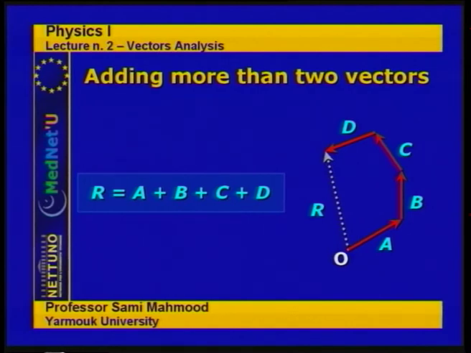So R equals A plus B plus C plus D. That way, graphically, we can add four vectors and determine the resultant vector. The length of the resultant represents the magnitude of the sum of the vectors, and the direction of the resultant represents the direction of the resulting vector.